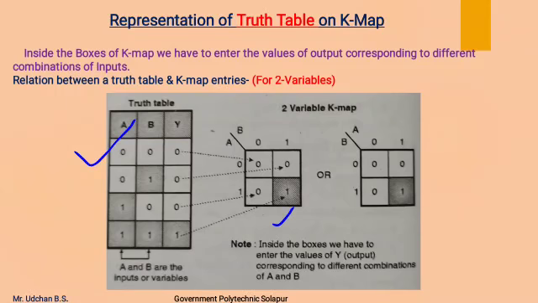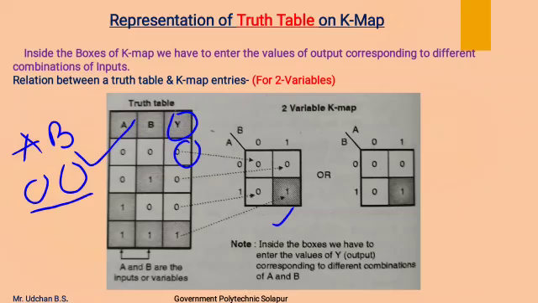Now we have to enter the output values in the four boxes of the Kmap with their respective input combinations. If we observe this first output, that is 0, it is related to the input combinations 0 0, that is A and B values.